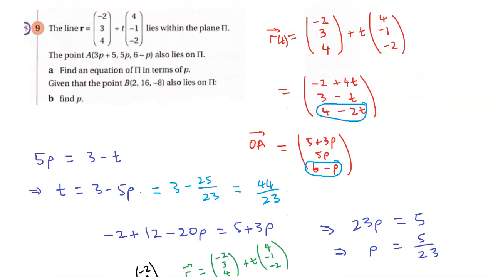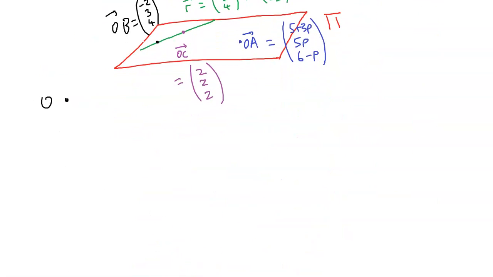We're pretty much ready to go now. The equation of our plane is going to be r of lambda and mu. I think OA is actually a bad choice, because if we choose OA to be our initial vector, then we're going to have more to do with p.